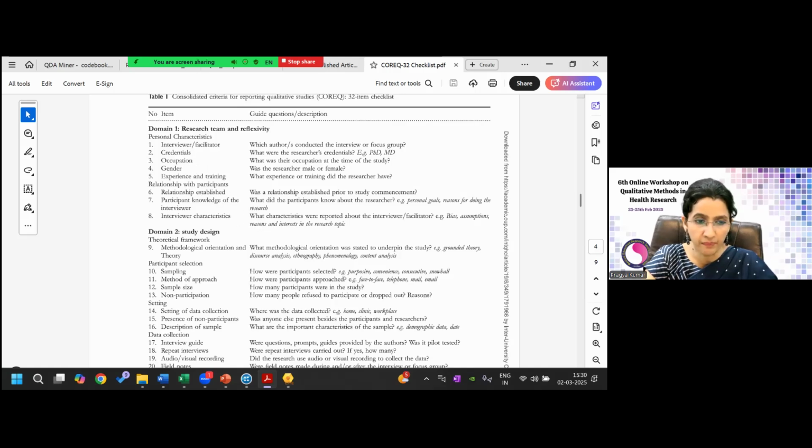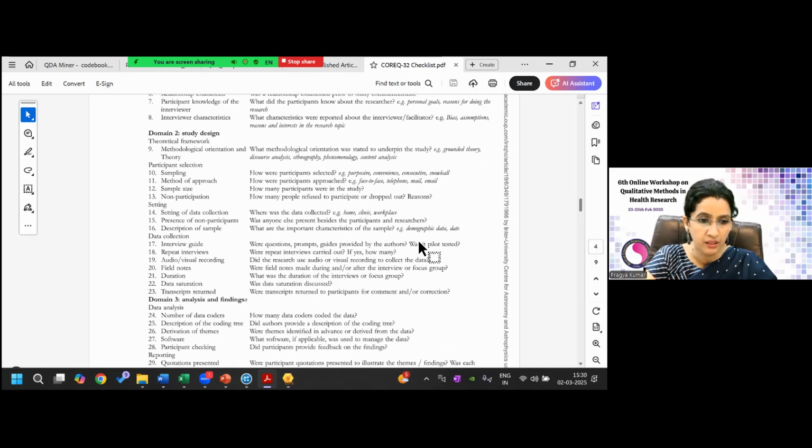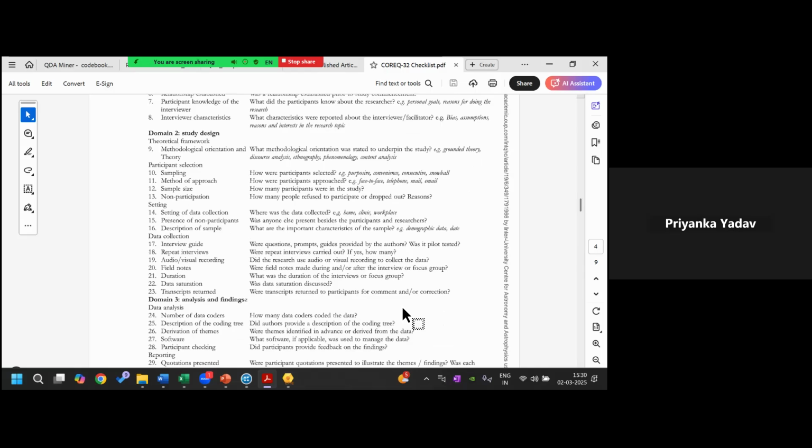Coming to the second part, which is the study design. Yes, can someone read this? Theoretical framework, methodological orientation: what methodological orientation was stated to underpin the study? Example, grounded theory, discourse analysis, ethnography, phenomenology, content analysis. Then participant selection.